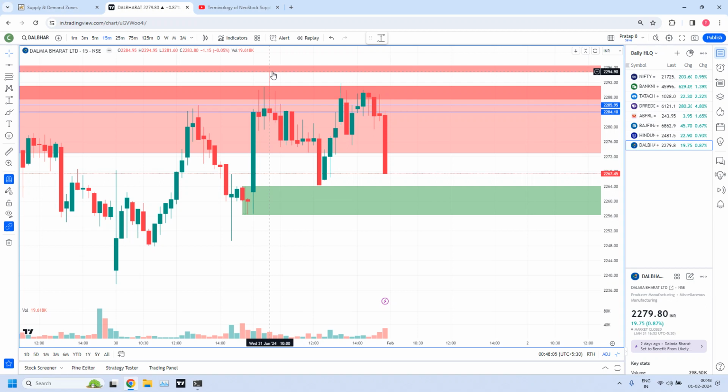The 15 minutes entry we took, a deep entry inside the 15 minutes, based on the strong rejections. And the BAJFINANCE concept is based on the entry buffer. And the HINDUNILVR concept is based on aggressive trade with the help of pro gap. And the Dalmia Bharat is based on the bull trap.